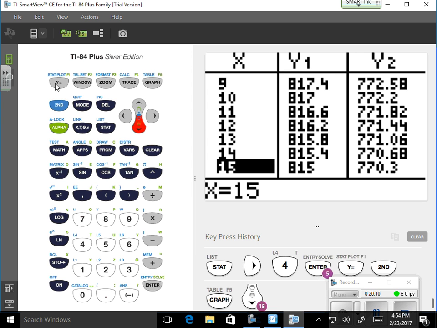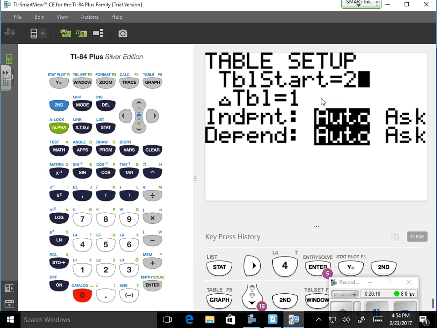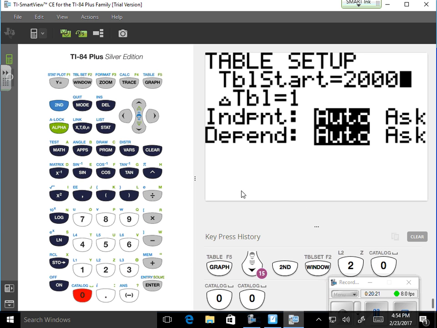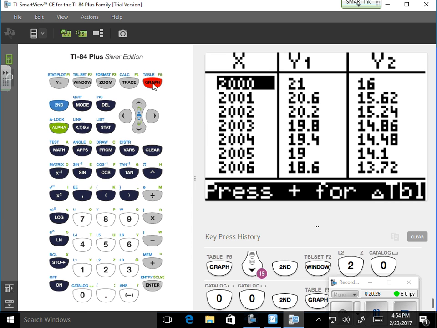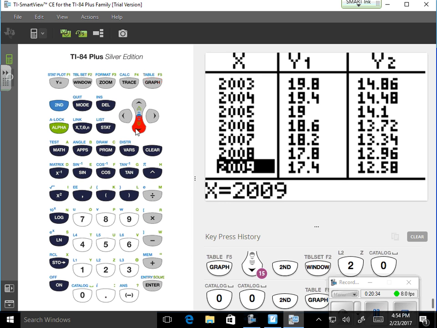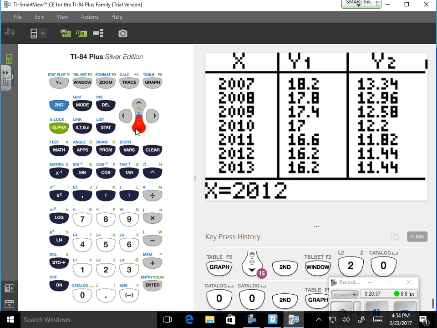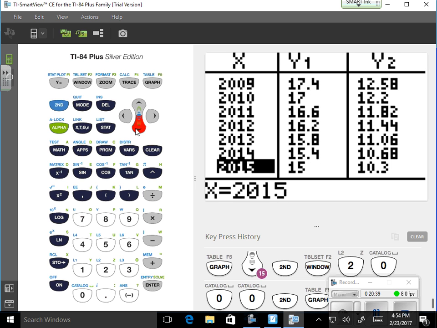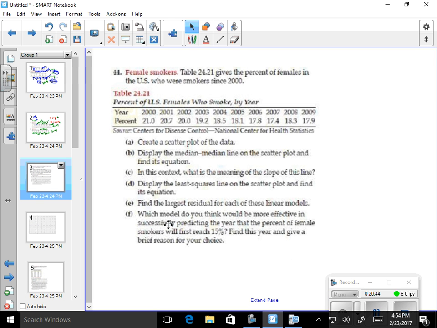Wait, we need to go to 2000. So in the year 2000, it's at 21%, and it starts to decrease, and it hits 15% at 2015. So the answer to F should be 2015.